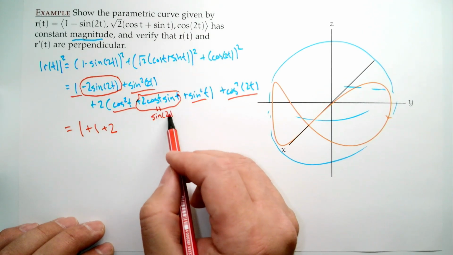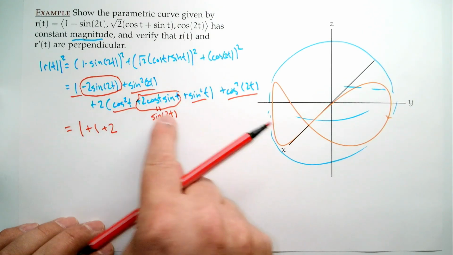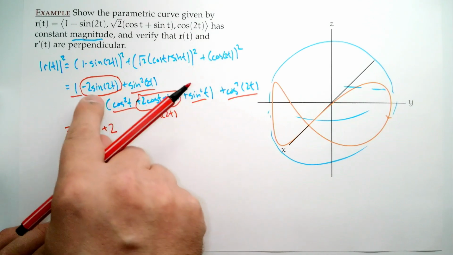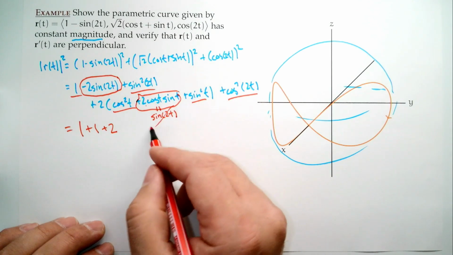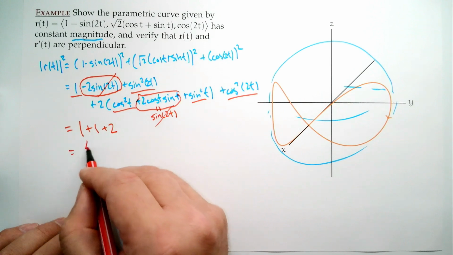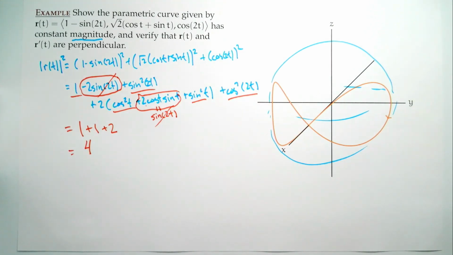Double angle, sine 2t. Then there's a 2, so that's 2 sine of 2t minus 2 sine of 2t, cancellation. And therefore, the magnitude is constant. There's no t. If there's no t, that means it doesn't vary as you change time.